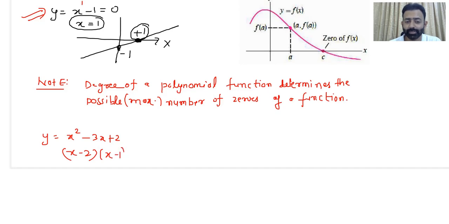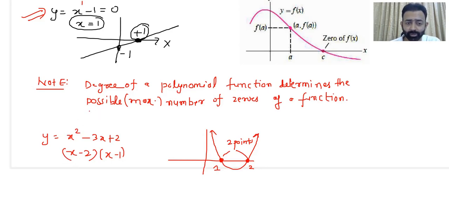The graph of this will cross at 1 and 2 like this. As you can see, this function is intersecting the x-axis at 2 points, 1 is plus 1, 1 is plus 2. So this quadratic function, which has a degree of 2, can have a maximum of 2 zeros.